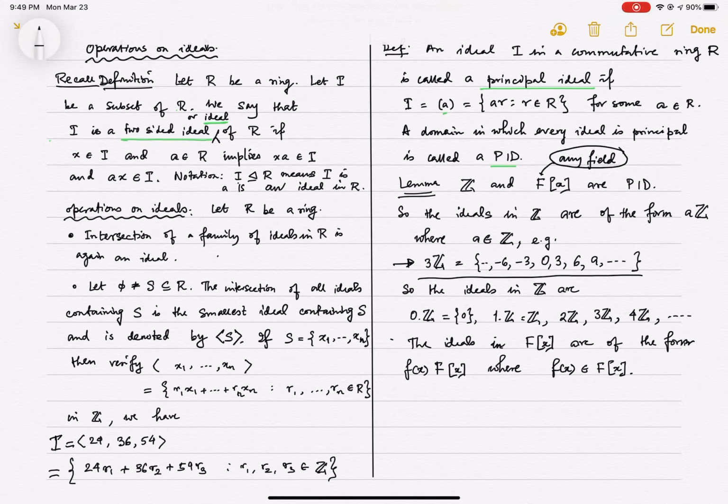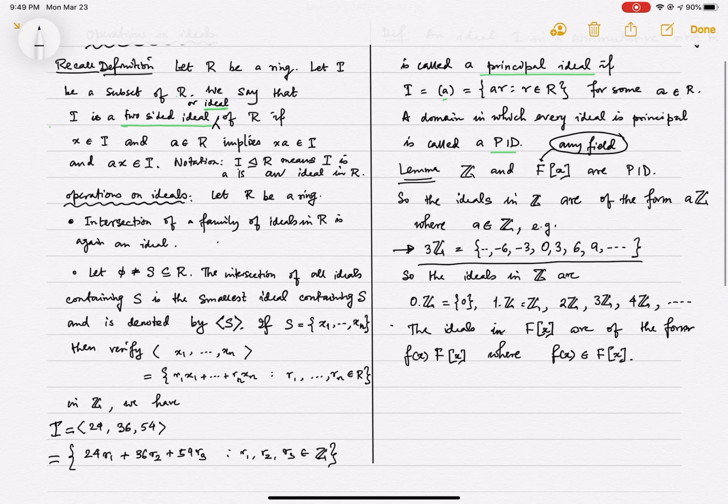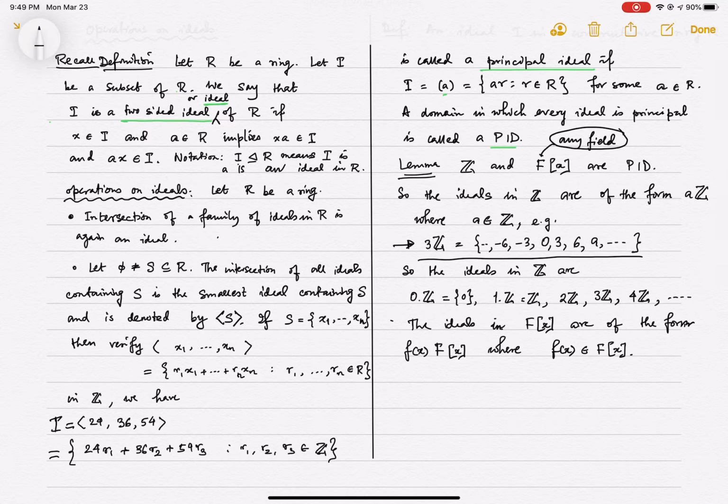Okay, that's more or less a recap, I think. Let's talk a little bit about these operations that we had last time. So if you have a ring R, first of all, the intersection of a family of ideals is again an ideal. That's an exercise.